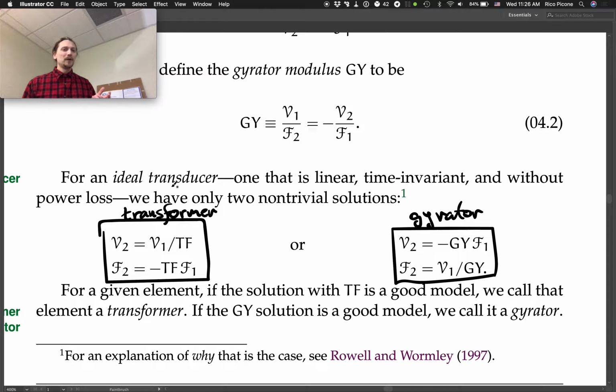On the mechanical side, we're going to have bearing damping, which we'll use to model the losses on the mechanical side. So you can use these even for non-ideal situations; you just have to include additional elements.